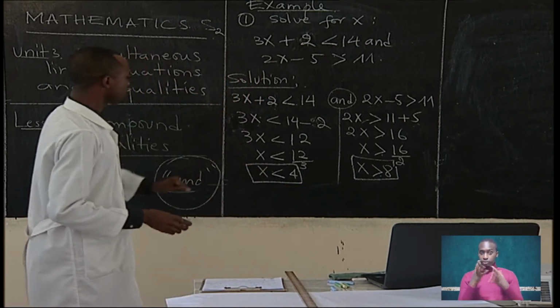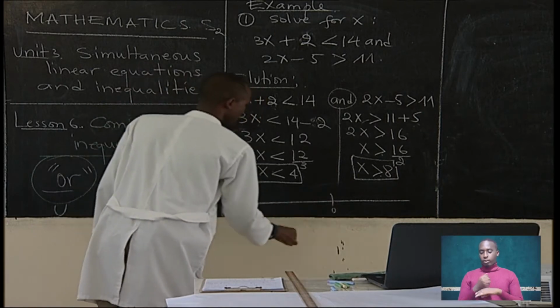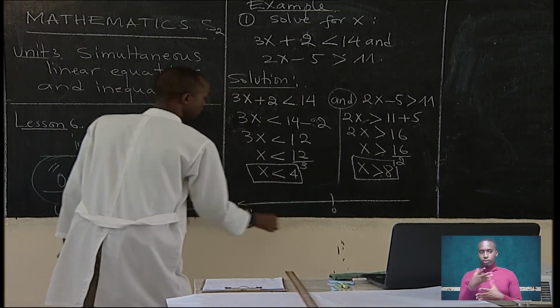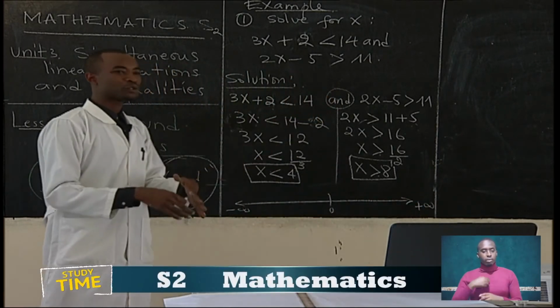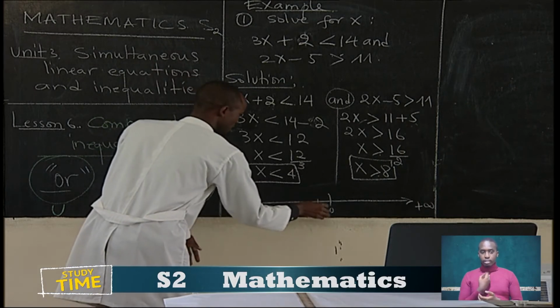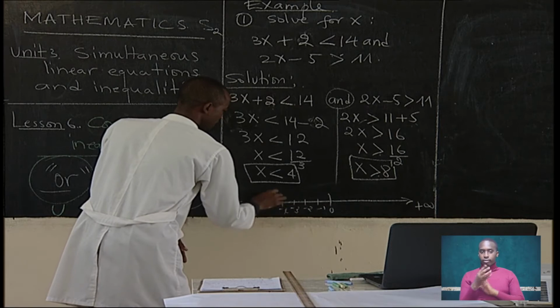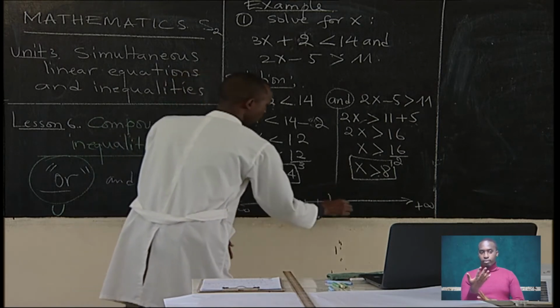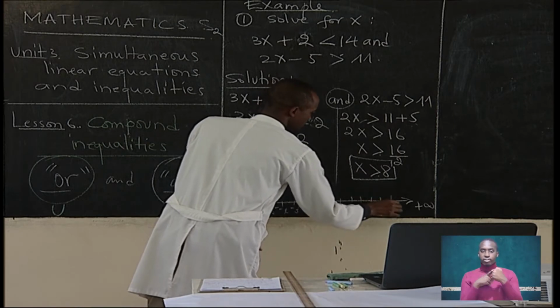Now, when we have this, you can present it on a graph. We have 0 here, negative infinity, and positive infinity. We are going to put it on a graph. Here they told us that this is negative 1, negative 2, negative 3, negative 4, negative 5. We have 1, 2, 3, 4, 5, 6.